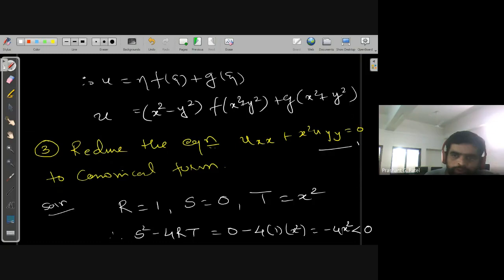If I can say this is equation 1, then equation 1 is of elliptical type. As you know, if it is elliptical type, here also we are considering R alpha square plus S alpha plus T equal to 0.